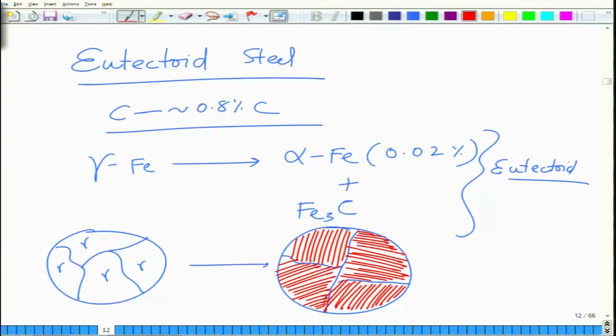So, these colonies will form. So, this is the alpha Fe plus Fe3C colony. This is called lamellar structure.